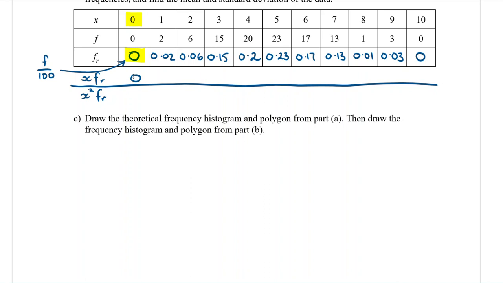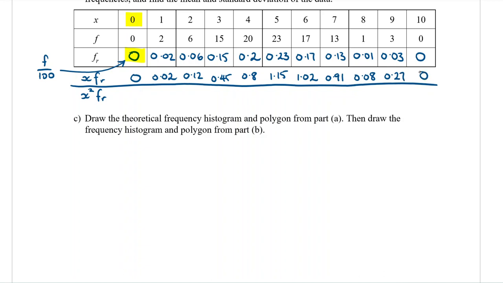Then you're going to do the next one. 1 times 0.02 is still 0.02. 2 times 0.06 is 0.12. 3 times 0.15 is 0.45. 4 times 0.2 is 0.8. 5 times 0.23 is 1.15. 6 times 0.17 is 1.02. 7 times 0.13 is 0.91. And 8 times 0.01 is 0.08, and 9 times 0.03 is 0.27, and back to 0. Okay, so is that all right?